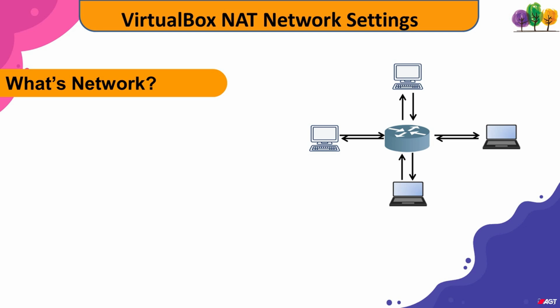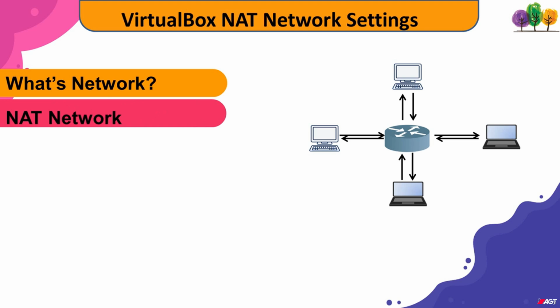So we will configure the NAT network so that all virtual machines that we're going to be using are on the same network. Now, when we create a NAT network, Oracle VirtualBox will be the program that will automatically assign an IP to all the computers in this network.